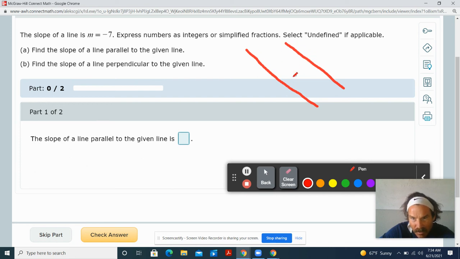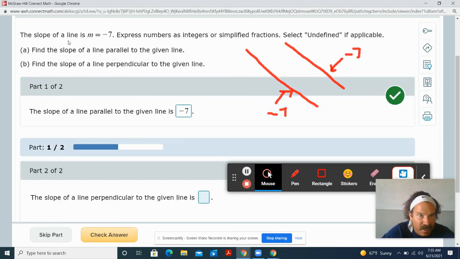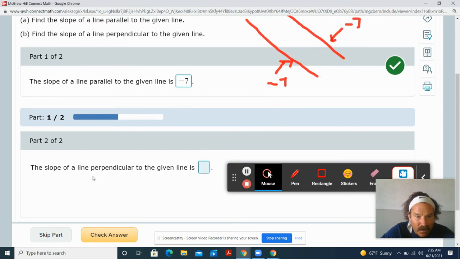These two lines are parallel. If this one has a slope of negative 7, then this one has to have a slope of negative 7. So we just simply put in the box here, negative 7. And the only reason I knew it was negative 7 is because they gave me the slope up here of negative 7.